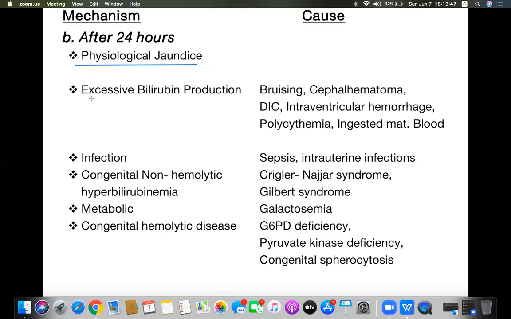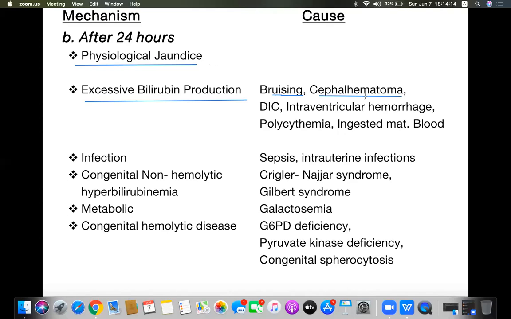Now, another condition which causes jaundice after 24 hours is excessive bilirubin production because of different mechanisms, like bruising. Bruising means collection of blood clot because of blunt trauma. This bruising may be because of birth injury or birth trauma, which mainly occurs on the scalp of the baby. Cephalhematoma. You already learned what cephalhematoma is in 5th semester.